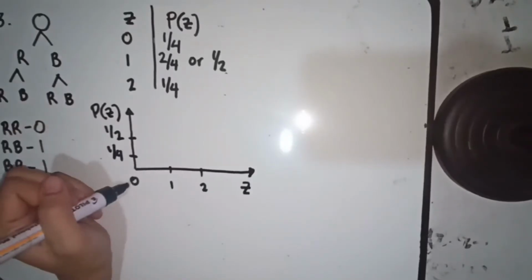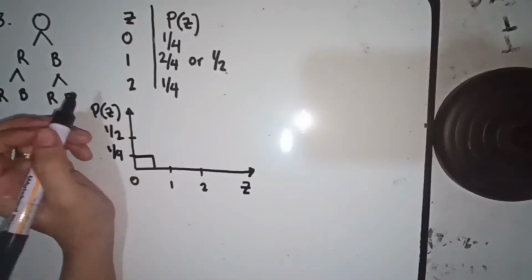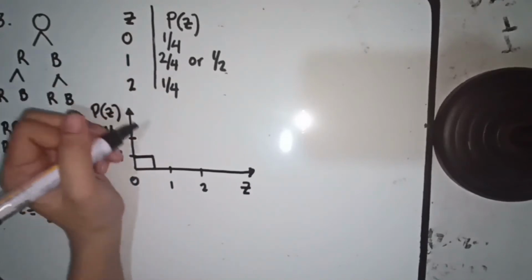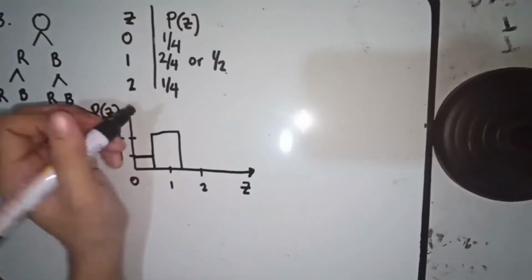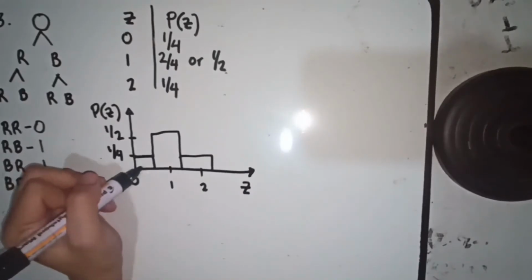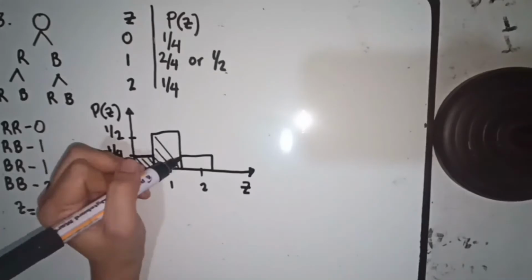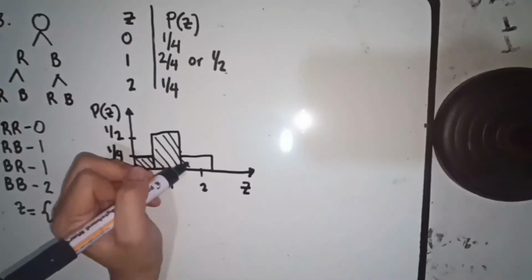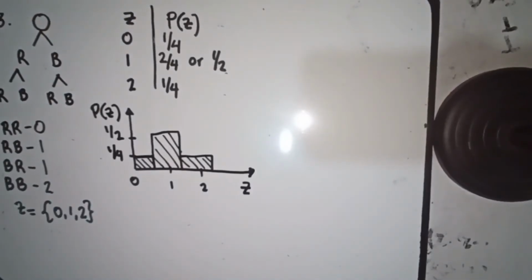For 0, we have 1 fourth. Then for 1, we have 2 fourth or 1 half. And for 2, we also have 1 fourth. Then we just shade it. This is the histogram for our problem.